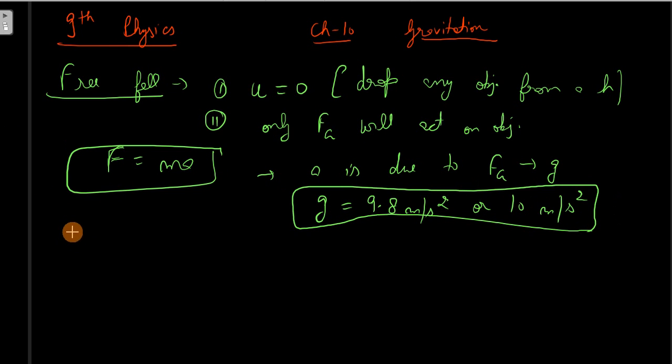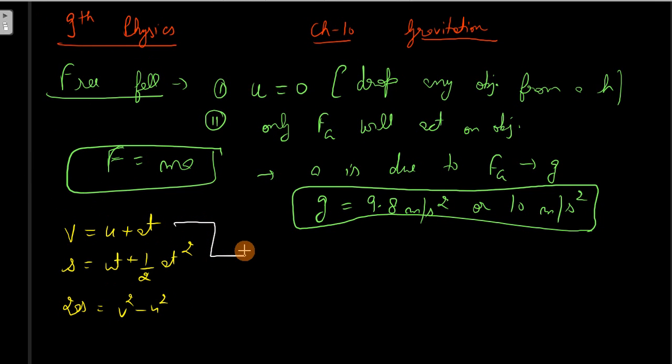If I ask what the three equations of motion were, those equations were v is equal to u plus at, s is equal to ut plus half of at square, and 2as is equal to v square minus u square. But for free fall, these equations change. The first equation becomes v is equal to gt because u is 0.